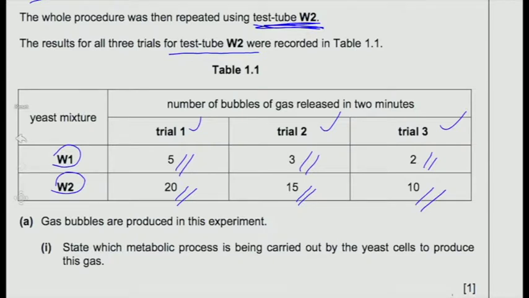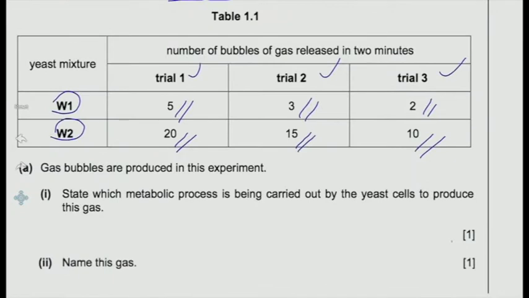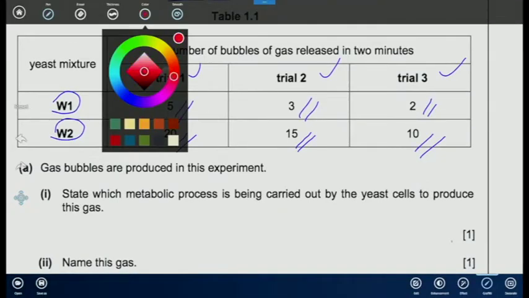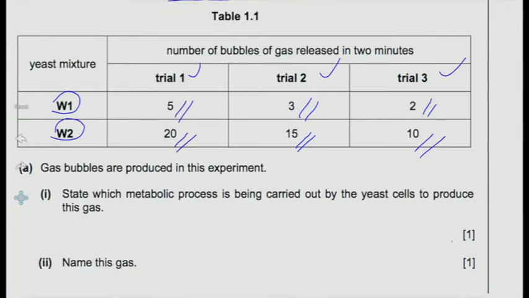Now it's time to look at the questions. Question number 1 reads, gas bubbles are produced in this experiment. Yes, gas bubbles are produced in the experiment, as you can see from the table here. State which metabolic process is being carried out by the yeast cells to produce this gas.